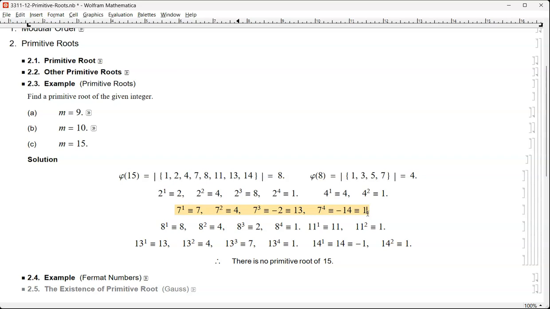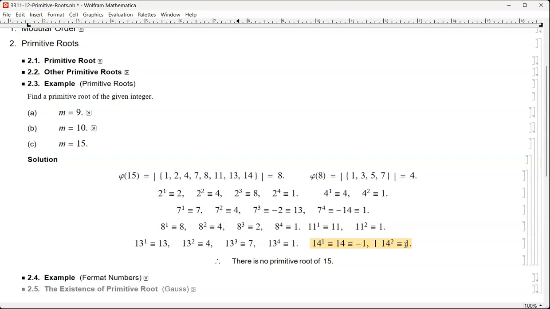You're not going to get anything to 8th power. 8 to the fourth power coming back to 1 already. 11 to the second power is back to 1. 13, again, fourth power comes down to 1, and 14 to the second power comes down to 1. So there is no primitive root.